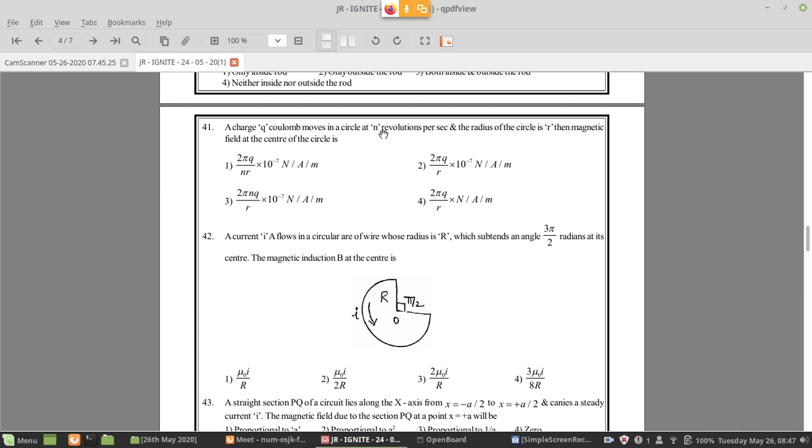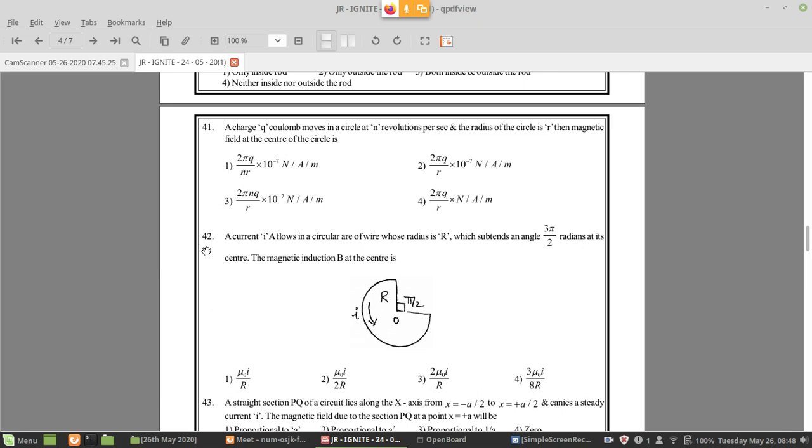So the current will contribute, because otherwise it will be divided by T. N is like frequency here. So current is Q by T. In the given choices T is not given, but they are given nQ. nQ is like Q by T. Remaining things are the same. So the third choice is the answer straight away.